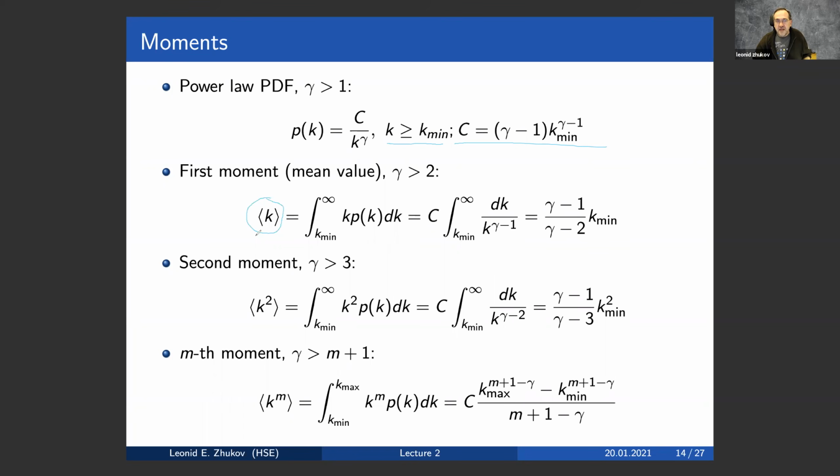We can calculate average node degree, the mean value, which is this integral, right? Now we take this distribution, plug it in. But now you have this integral. When will this integral converge? So that's infinity on the top here.